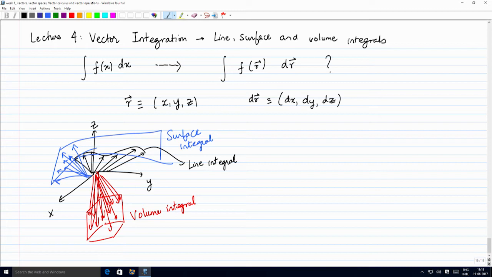I will just show you certain definitions and you can easily do the other derivations. So, let us start with the line integral. A line integral is also sometimes referred to as a contour integral or a path integral.